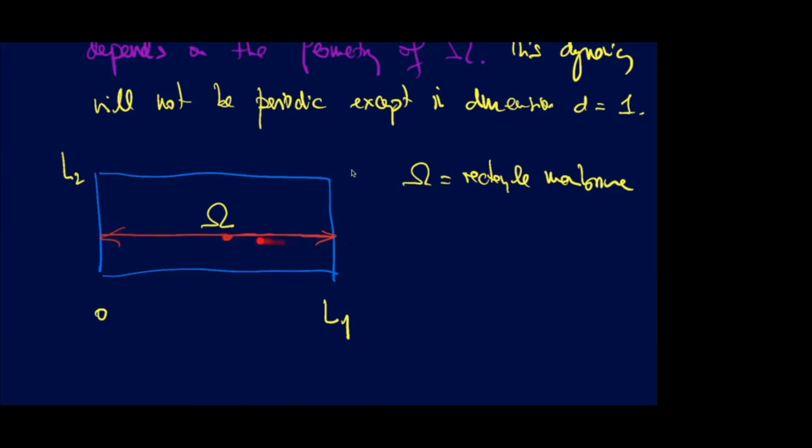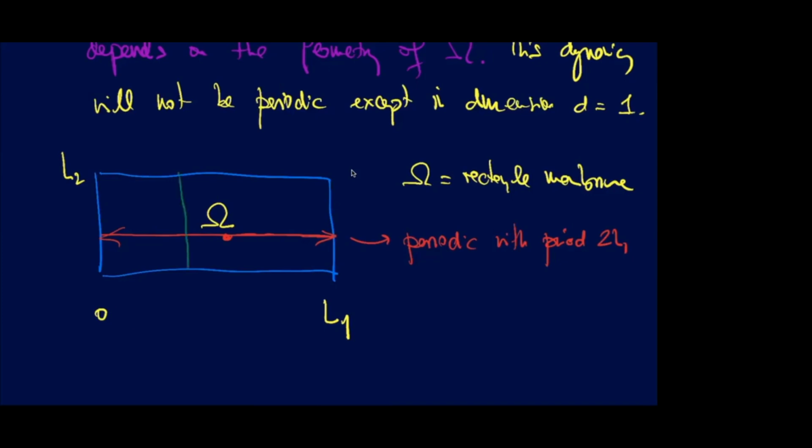Is this ray periodic? Yes, it is periodic. It's like in one space dimension. So this will be periodic with period 2L1, right?